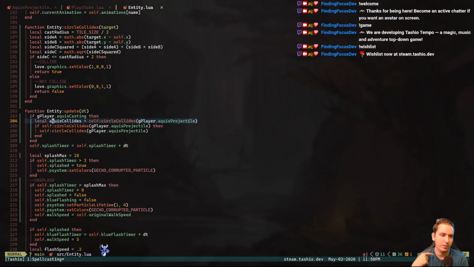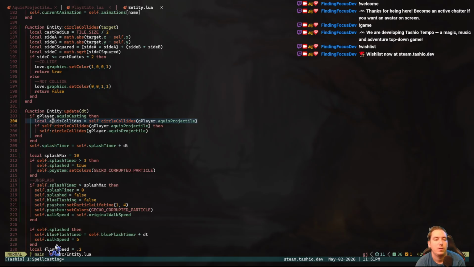Then what we do, this is really weird. Because what does this need to accomplish, right? We just need to check for the collision and then trigger a certain thing like the splash timer or whatever in the entity class if this circle collides with a projectile.